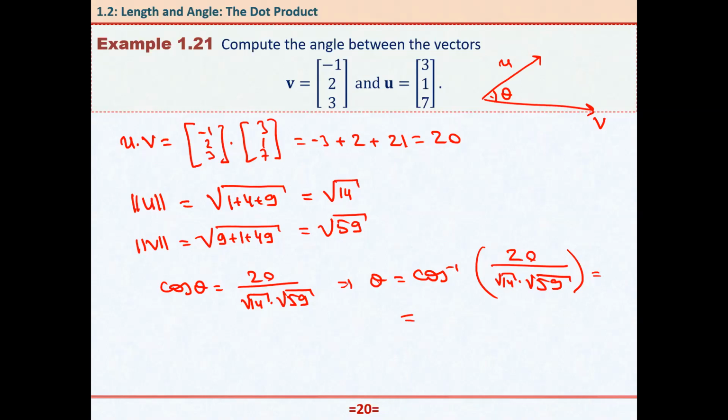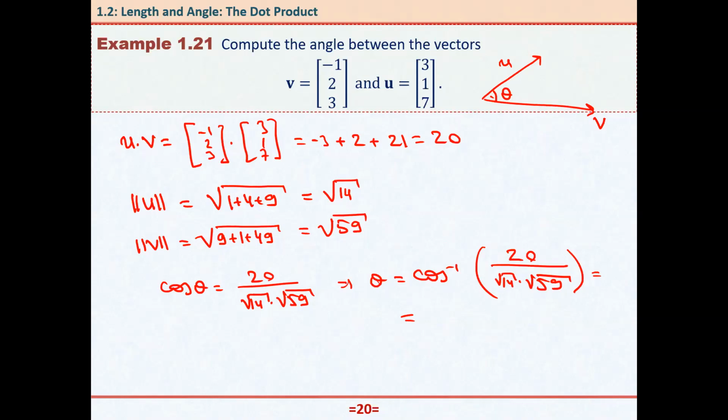That's equal to, shift cosine fraction 20 over square root of 14 times square root of 59, then you close the bracket, equals, is about 0.8.